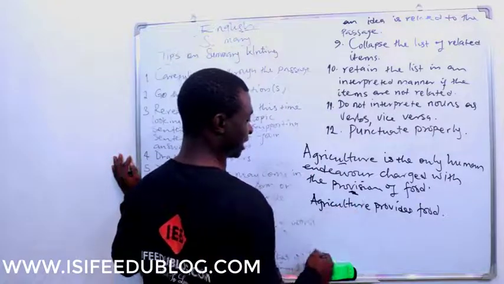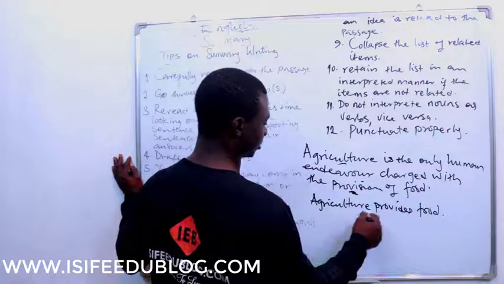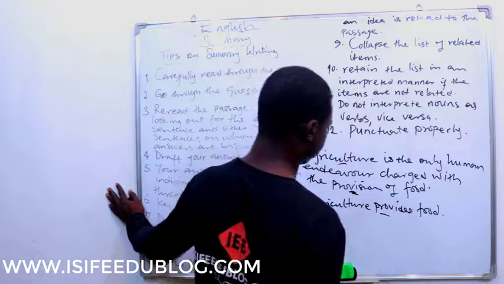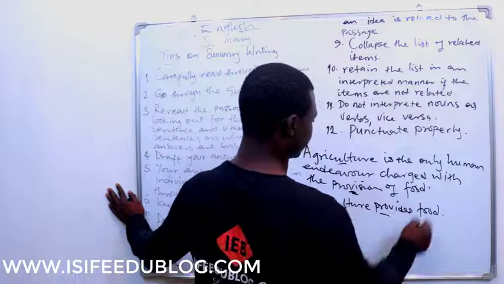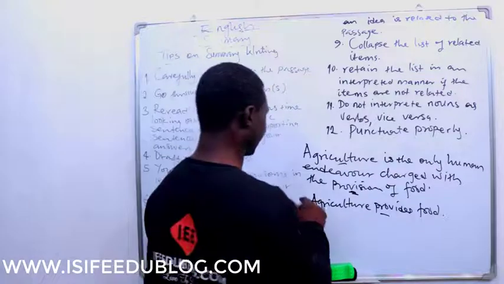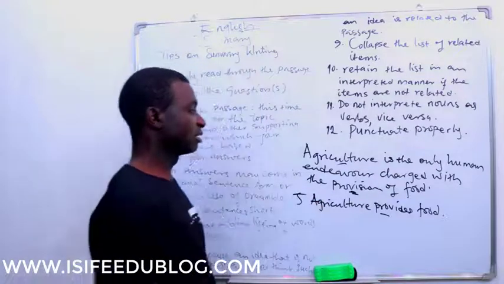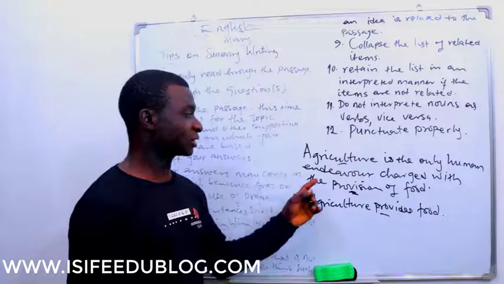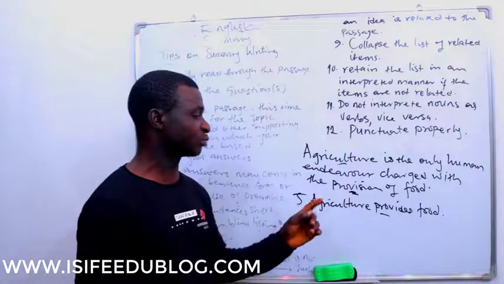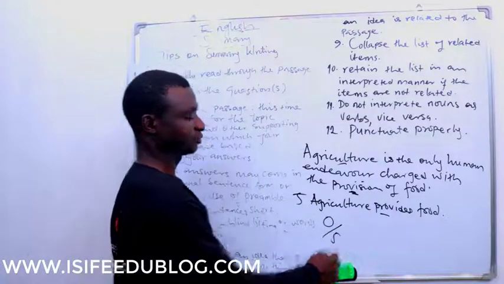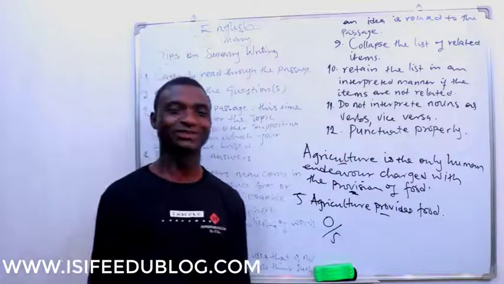Provision, as used here, I have used in my own summary as a verb. And then, food remains food. This sentence gives me 5 marks. But if I go to my answer booklet and write, agriculture is the only human endeavor charged with the provision of food, I will score not. That's the difference.